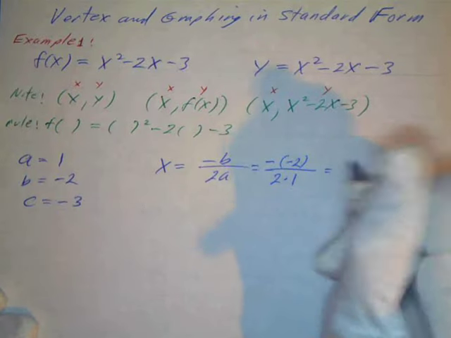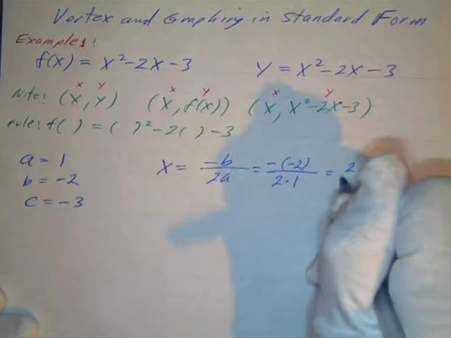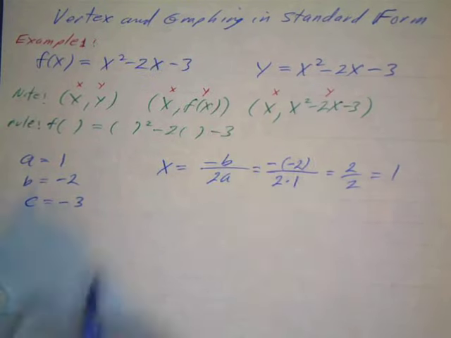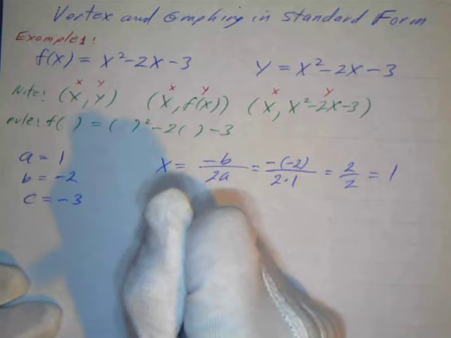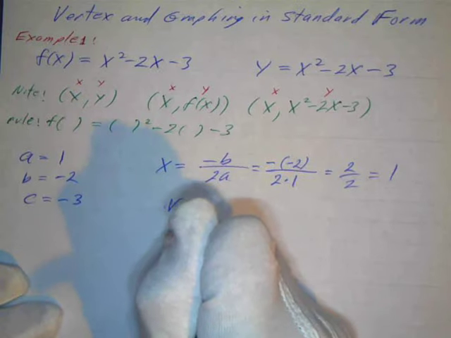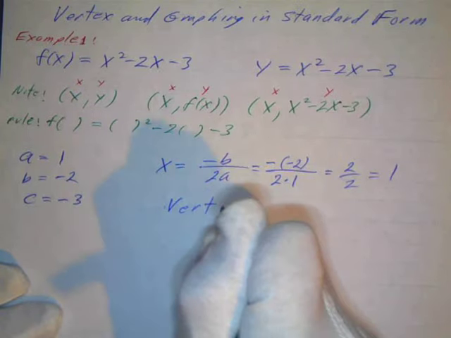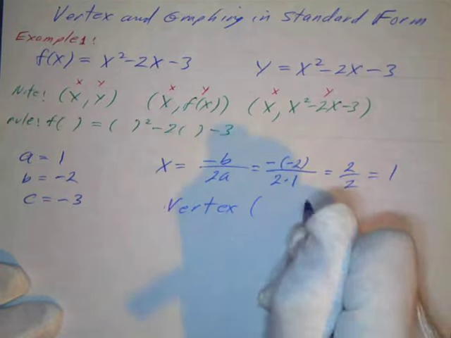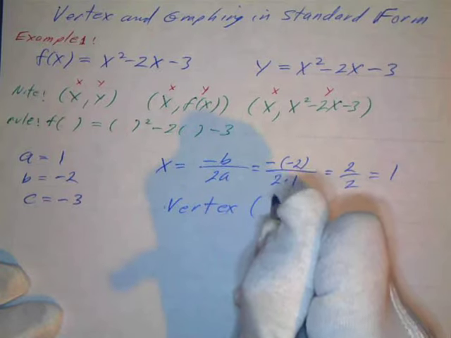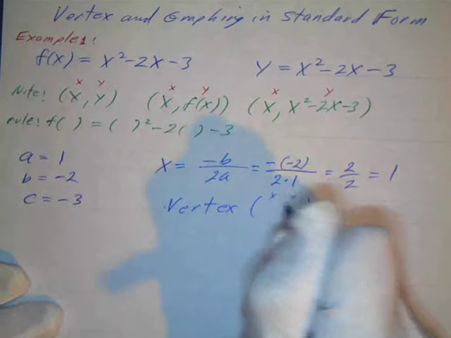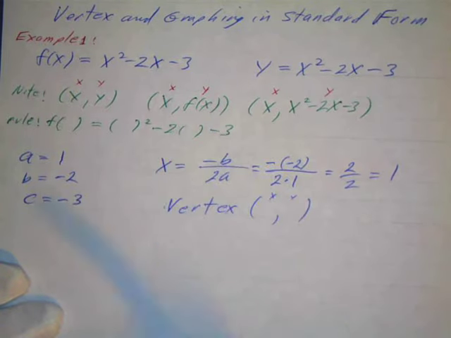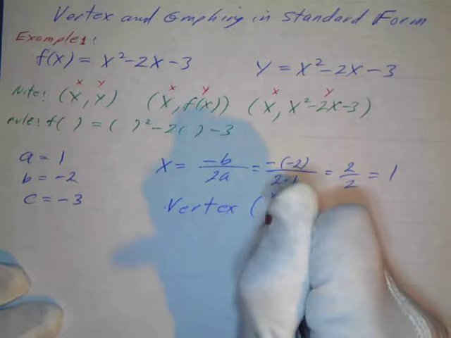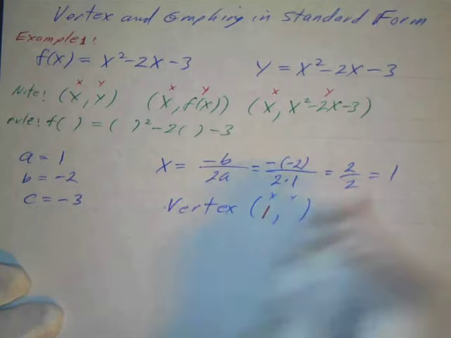That's just going to be negative times a negative is positive 2 over 2. So that's going to be 1. So what does that mean? That means that my vertex has an x value of 1. So I found that by this nice formula.